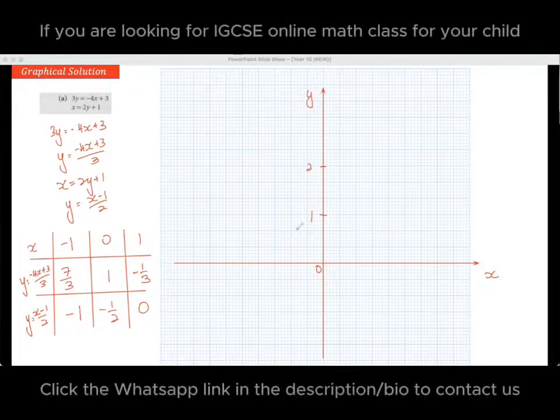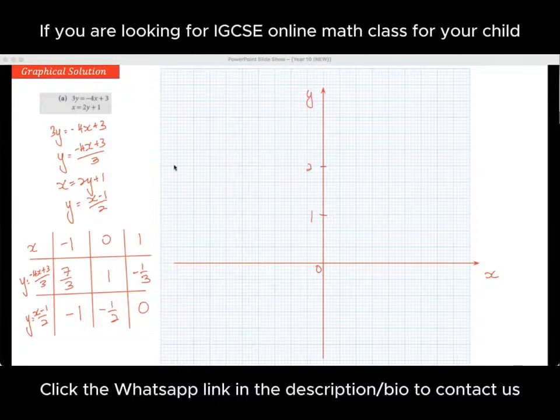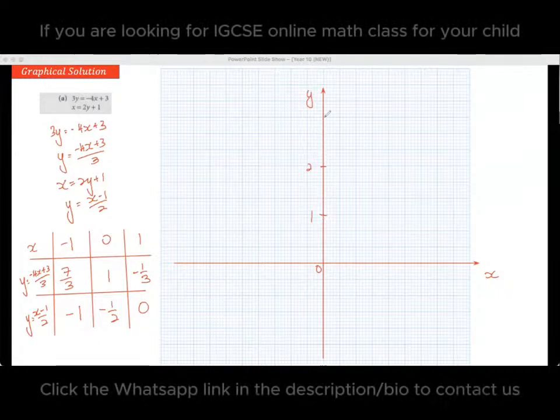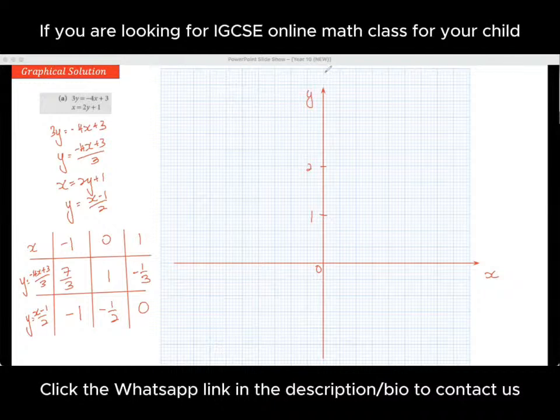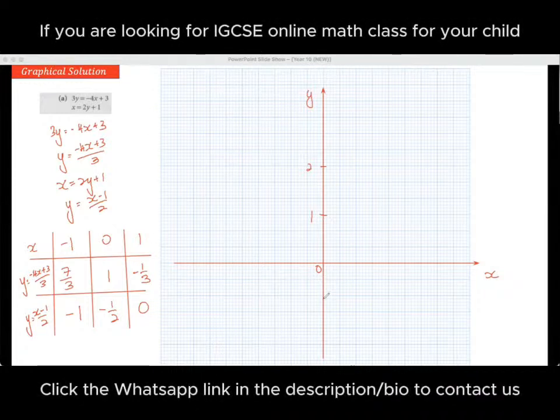I'll do like this: -1, 1, 2, 3, 4, 5. Let me check if I have enough space. 1, 2, 3, 4, 5, 6. Okay, never mind. So I'll just do 1, 2, 3, -1.